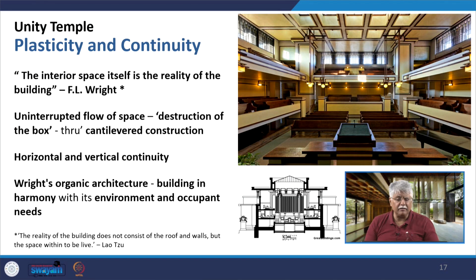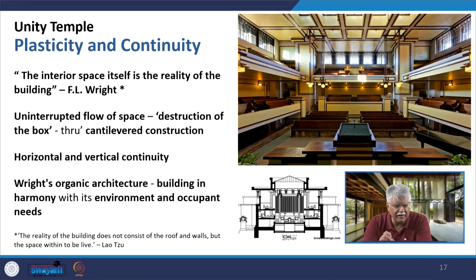Now, the most important thing that came out of this building vis-a-vis Wright's own ideas about architecture was the idea of plasticity and continuity. Wright said the interior space itself is the reality of the building.